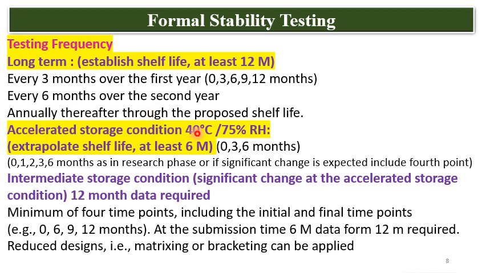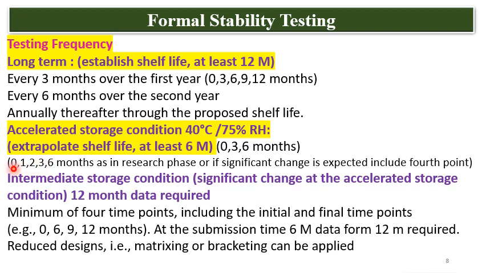Then accelerated storage condition. This is the requirement for extrapolating the shelf life. At least 6 month data is required. 0, 3 and 6 months. If there is a significant change expected, then we have to include the fourth time point.